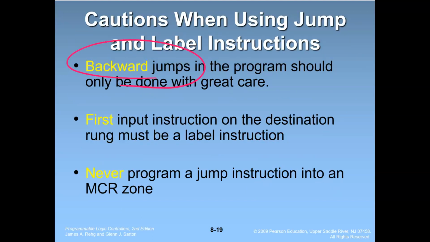The next thing is to remember that your label is always the first instruction. We already talked about this one. And the next important thing to mention here is that you're not supposed to use a jump instruction into an MCR zone. Let's assume that these are MCR rungs.